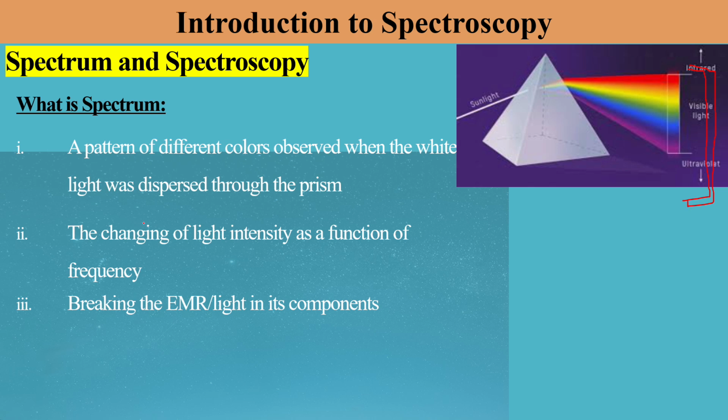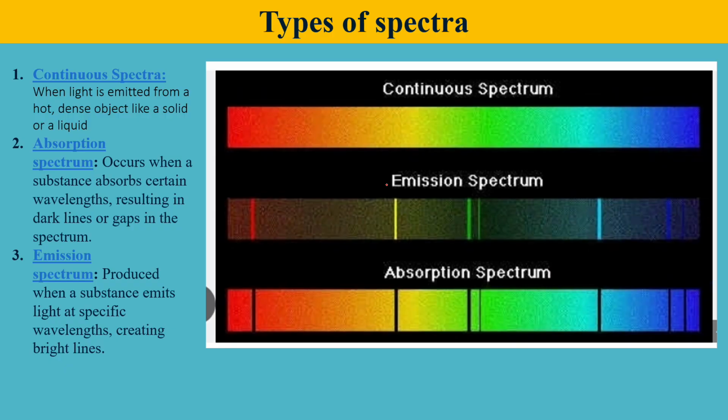This may also be defined as the change of light intensity as a function of frequency, or it can be defined as the breaking of EMR, electromagnetic radiation, into its components. So the spectrum can be defined in different ways. Now, there are three types of spectra: continuous spectra, absorption spectra, and emission spectra.